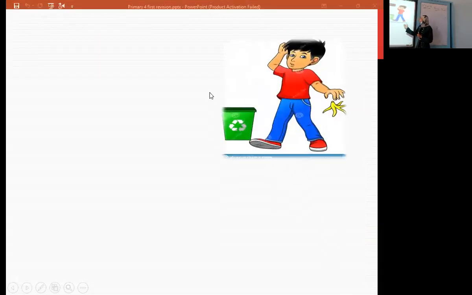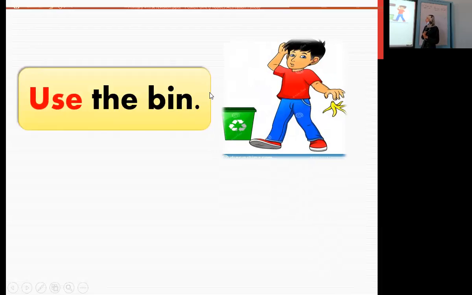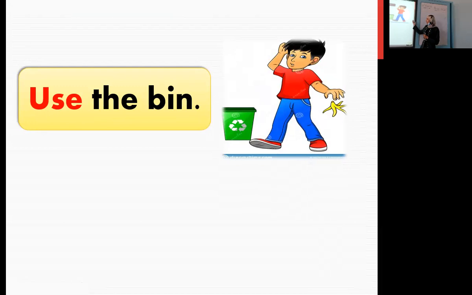This boy, what is he doing? Of course, he ate a banana and then he threw the peel on the ground or on the floor in the street. Okay, is it a bad thing or good thing? Of course, this is a bad thing. So we can advise him.